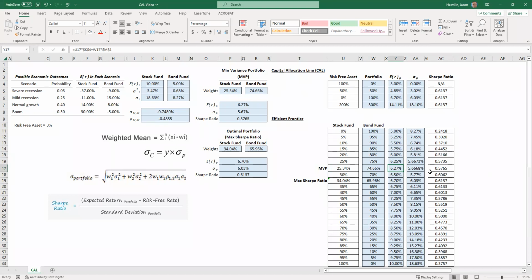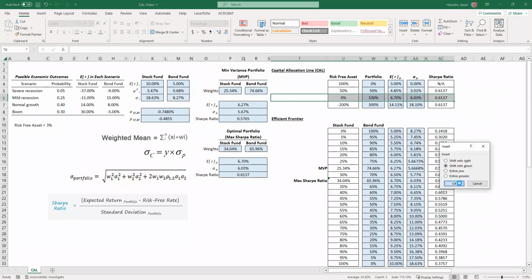Okay. Now we know that the expected return, 6.27%, will be somewhere between these two. Right. So let's go ahead and insert. Let's go ahead and grab it from here. Insert, shift cells down.